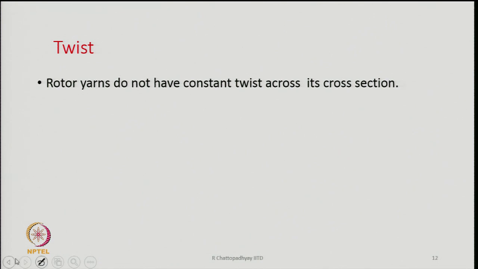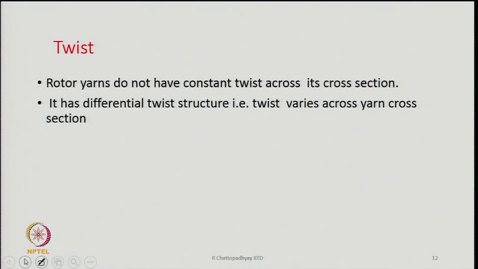Rotor yarns have a differential twist structure, that is, twist varies across the yarn cross section. So, twist is not the same throughout the cross section of the yarn.